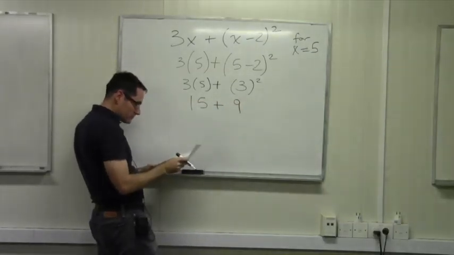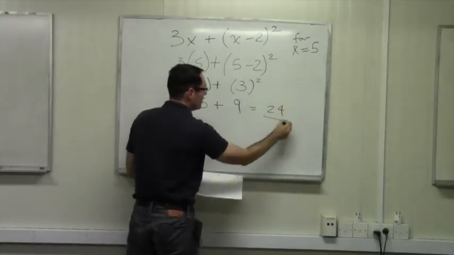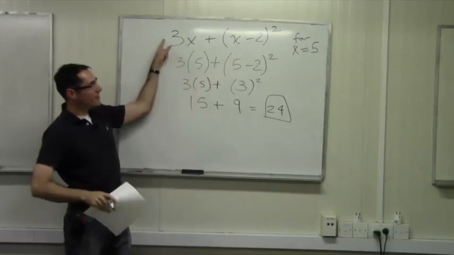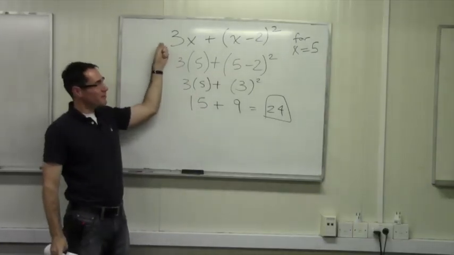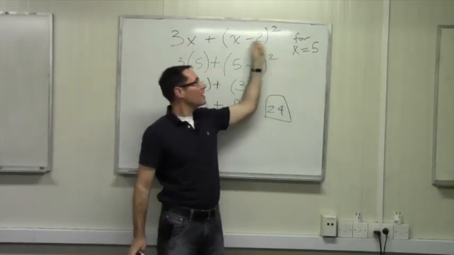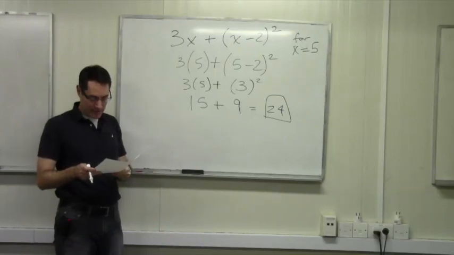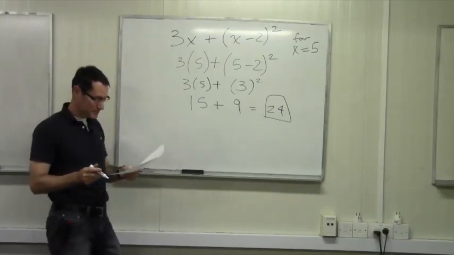And 15 plus 9 equals 24. So that is the algebraic expression. No equal sign up here. We have a variable that we know the number for, we plug it in and we solve it. That's called evaluating an algebraic expression.